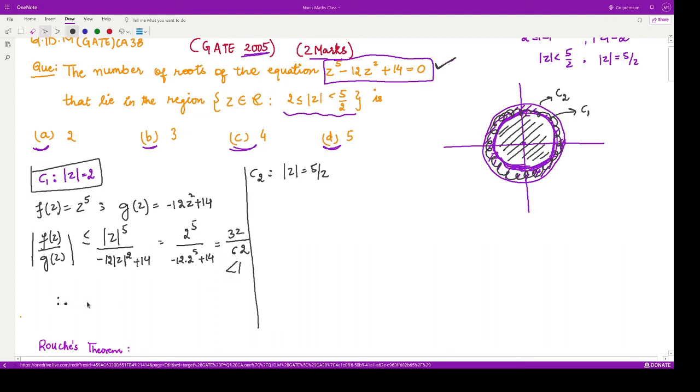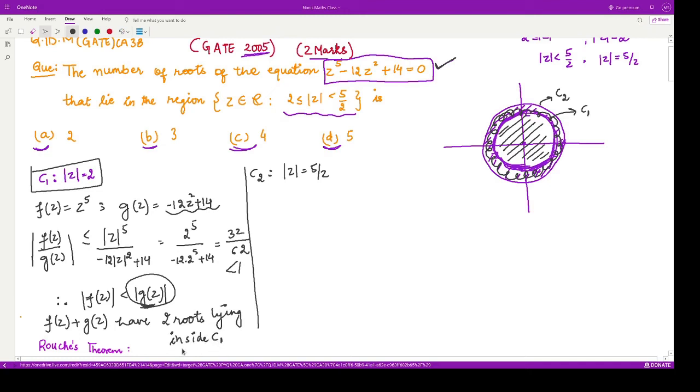Therefore in this case we obtain mod of f of z strictly less than mod of g of z. What was g of z? G of z was this polynomial. So accordingly, by Rouche's theorem, f of z plus g of z would have the same number of zeros as g of z, and g of z has degree 2. So that means this has two roots lying inside C1.